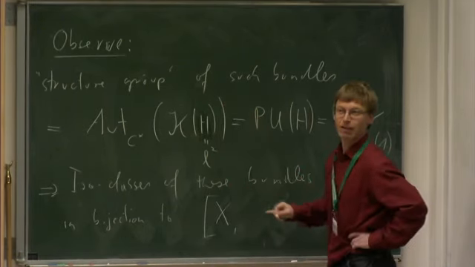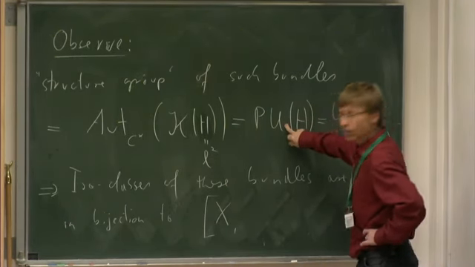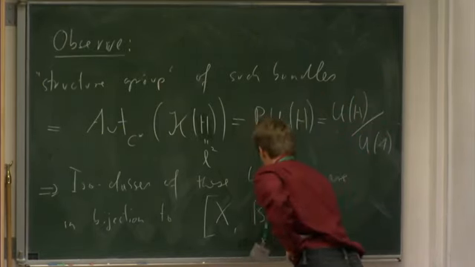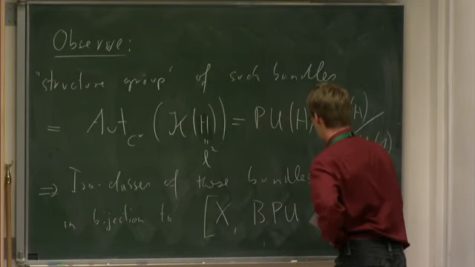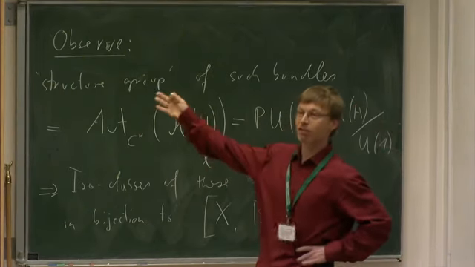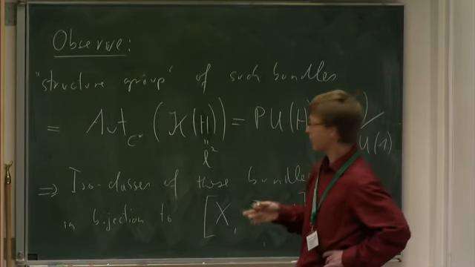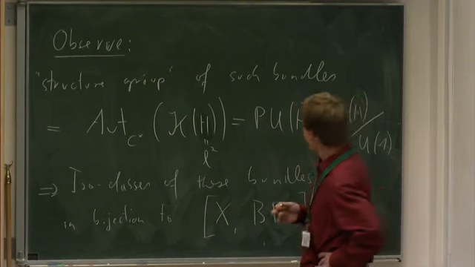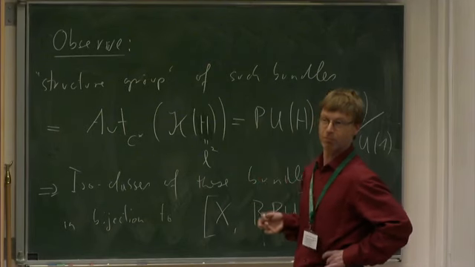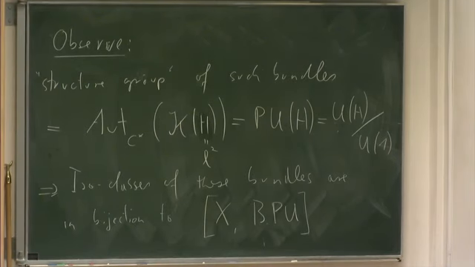So the space should be nice enough for this to hold, to the classifying space for this group, BPU. That's a general fact about bundles of this kind. The isomorphism classes of these bundles are classified by the homotopy classes of maps to the classifying space. That's what classifying space means. Synonymous.